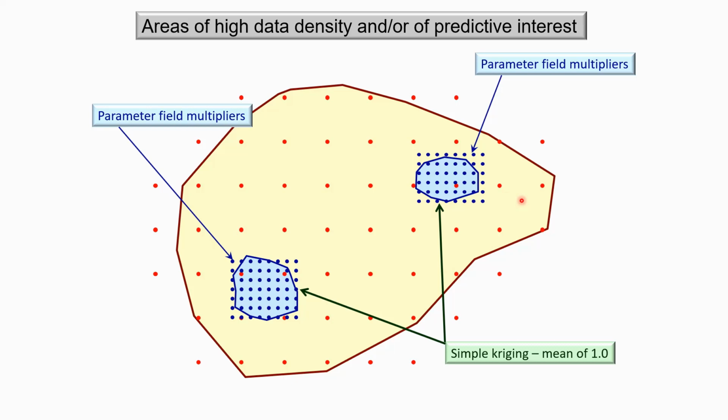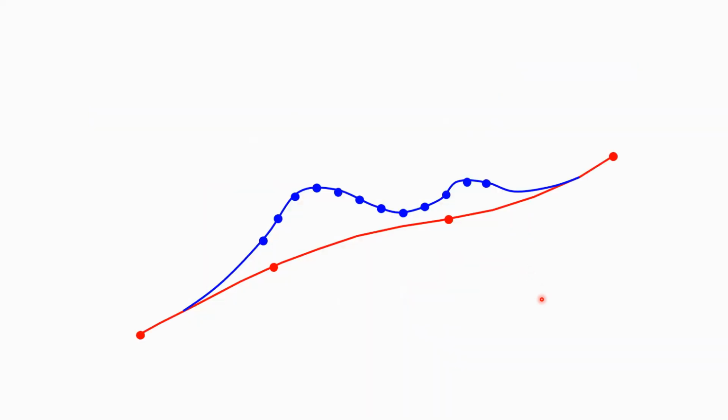We multiply the background parameter field by the multipliers interpolated from these pilot points to the grid. So we have grid multiplying grid, but the multiplier value fades back to the mean of 1 as we move away from these areas where the action is, so that we've got then a situation like this.